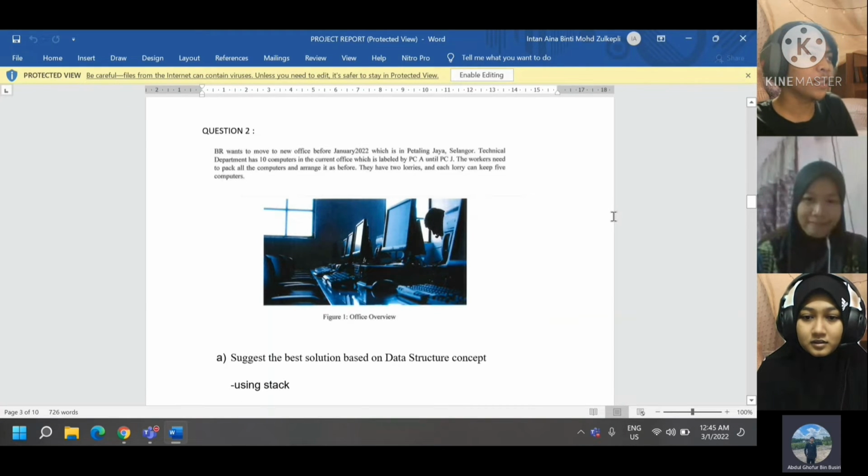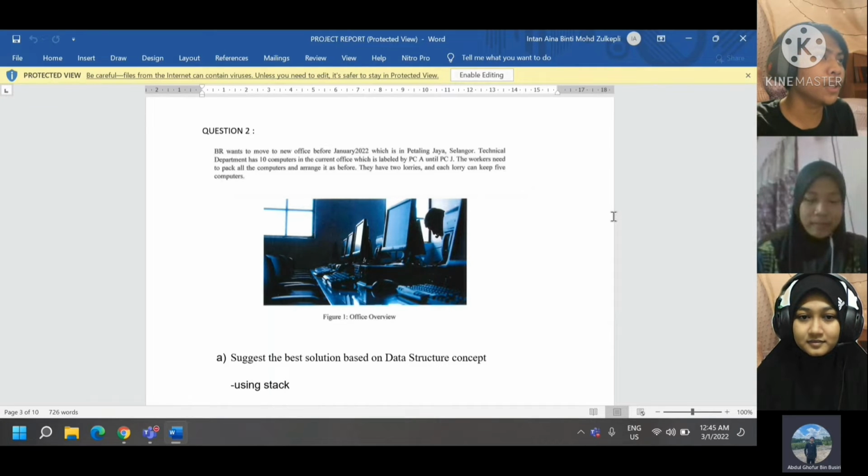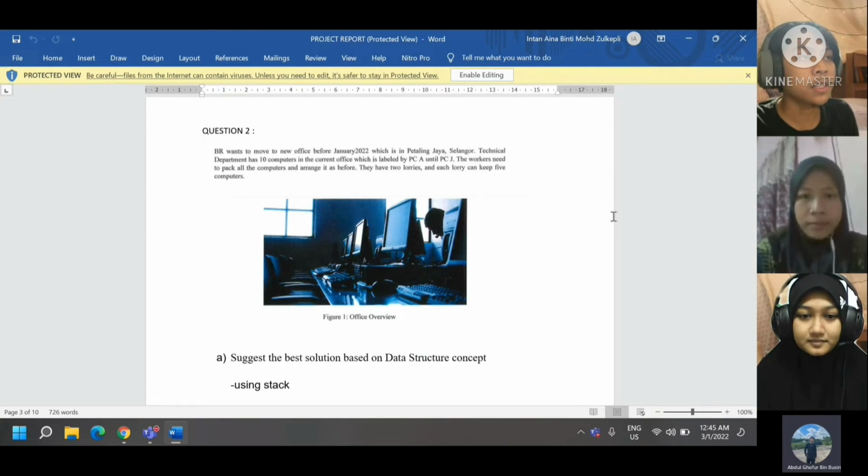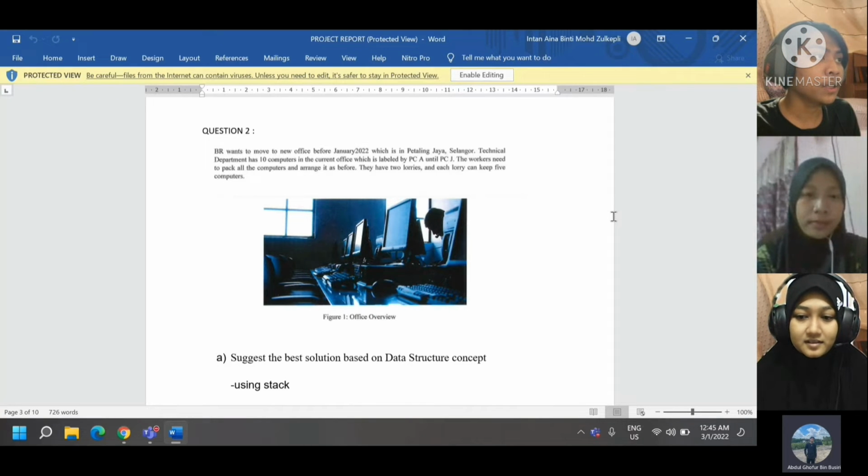For question 2, Baskin-Robbins wants to move to a new office before January 2022, which is in Petaling Jaya, Selangor. The technical department has 10 computers in the current office, labeled PCA until PCJ. The workers need to pack all the computers and arrange them as before.